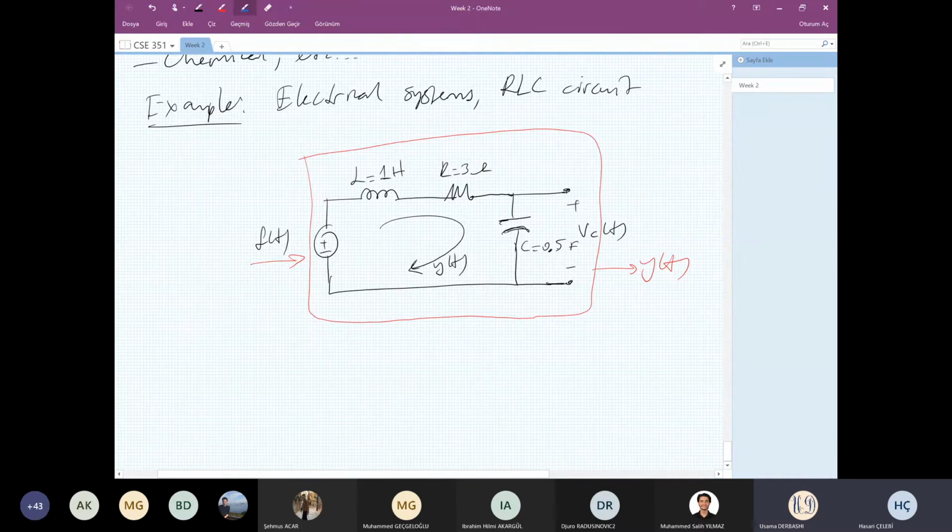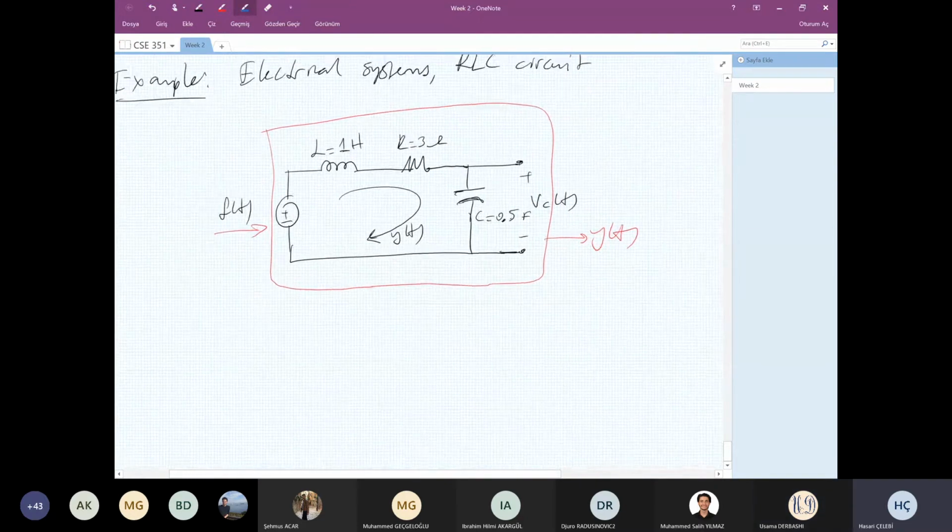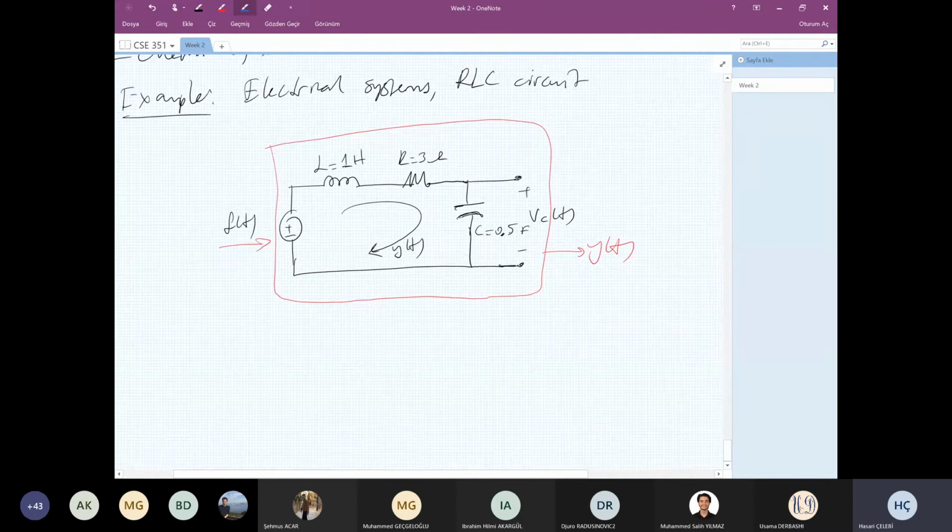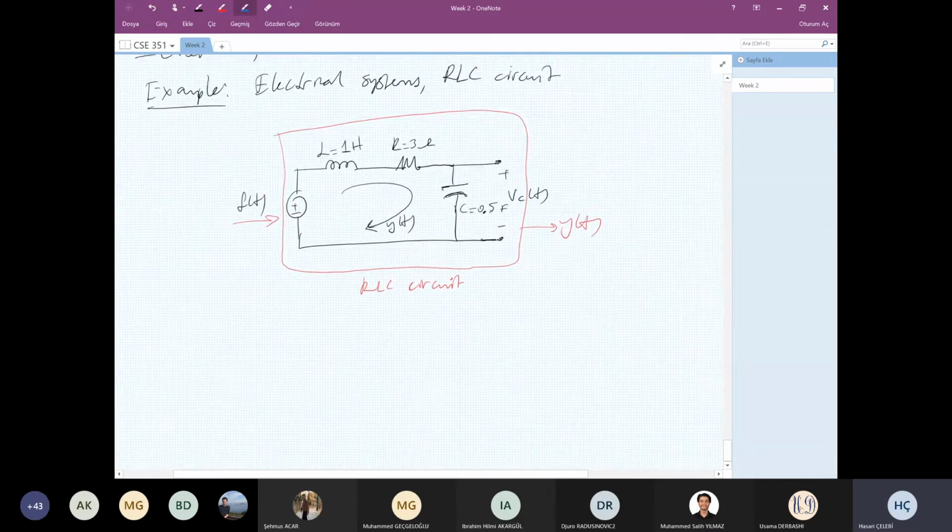Okay. This is one of the most popular circuits that you can see in many electronic and computer systems, which is called an RLC circuit. Now the question is, can you show me the model of this system? Or in other words, the system function, the equation of this system.